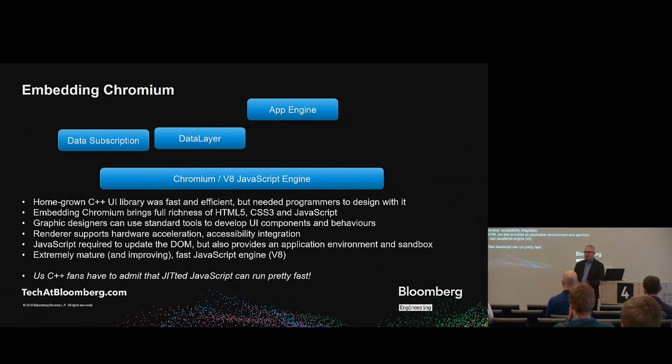Things like accessibility integration: there are platforms within Windows, in our case, that allow third-party tools, for example for people who have sight difficulties, to read out the text in the UI in a way that allows them to navigate and even trade. By embedding Chromium and using that UI layer, we get a lot of that for free, which again is a really nice thing.